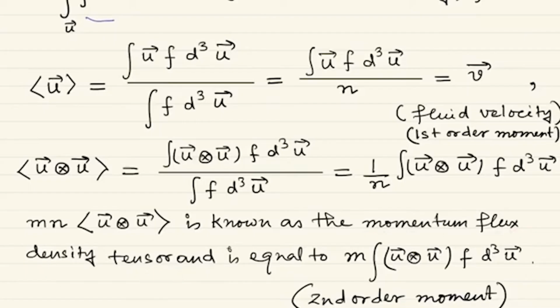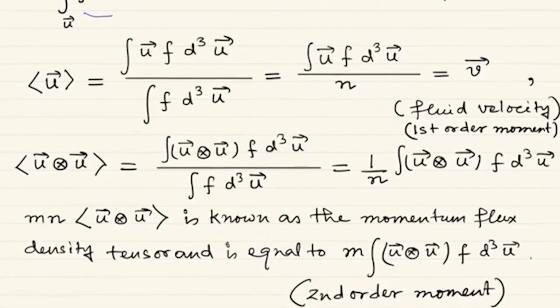Because momentum density is roughly m n u, and when this is multiplied, here tensorially multiplied, with another velocity, it gives you the corresponding flux density type of thing. Once again, this is the definition, and this is the standard second order moment for our case.